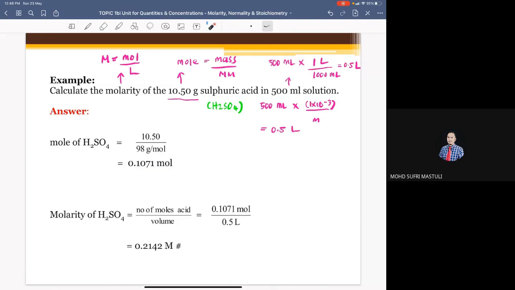After you obtain the mole, you can calculate the molarity. So molarity is mole per liter. The number of moles just now is this one. The liter that we already converted from milliliter to liter is 0.5.